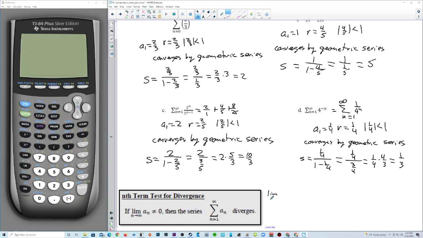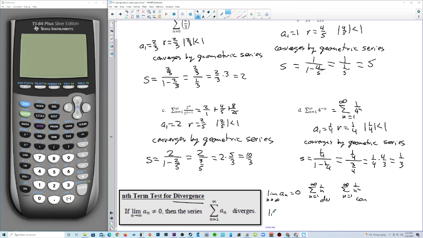If the limit as n approaches infinity of a sub n is equal to 0, then we don't know anything. So the series could diverge, such as n equals 1 to infinity of 1 over n. This one diverges. And the series n equals 1 to infinity of 1 over n squared, this one converges. So both of these, the terms are going to 0, but one diverges, one converges. So that's why this is a divergence test.